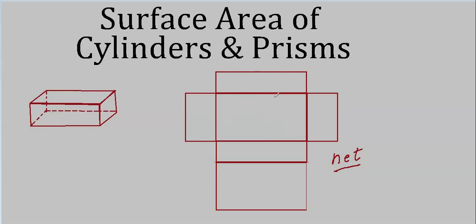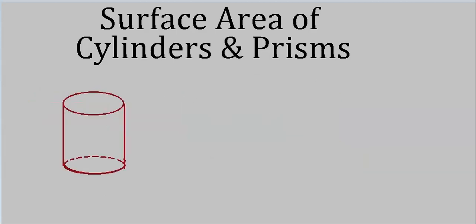And let's look at a different net. Well, here's something that's not a polyhedron. This face is a circle, not a polygon. And of course this part here, this is all curved. What would the net for something like this look like?